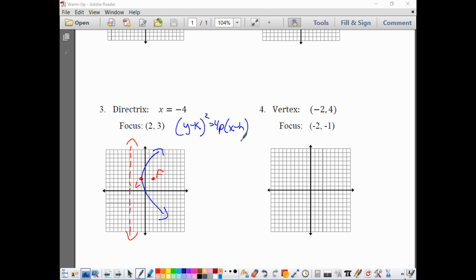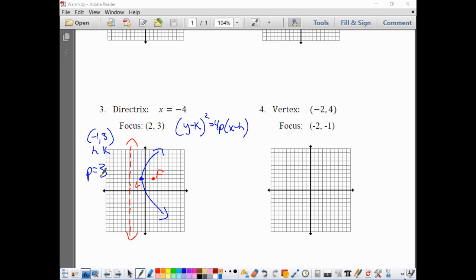All right, so what is our h, what is our k, what is our value of p? So our vertex here is at the point -1, 3. That means that's our h and that's our k. And the value of p is the distance from the vertex to the focus, so that'd be a distance of 3. Positive 3 because it's going to the right.